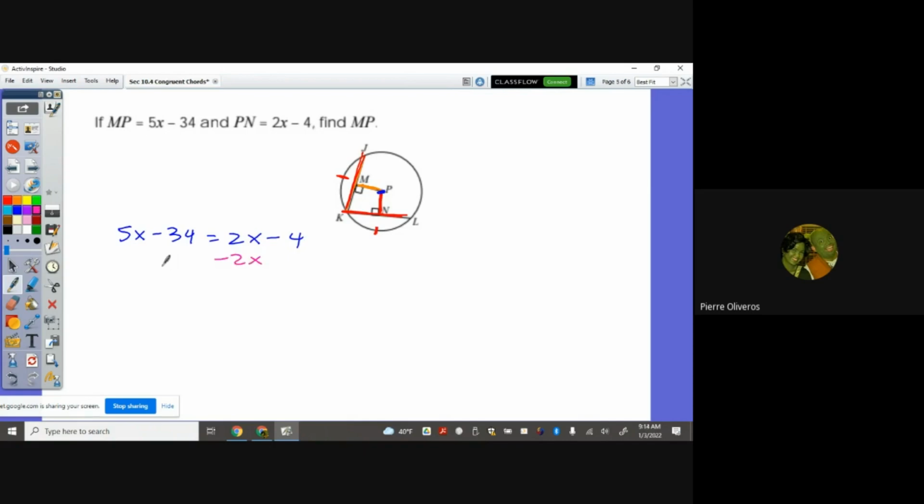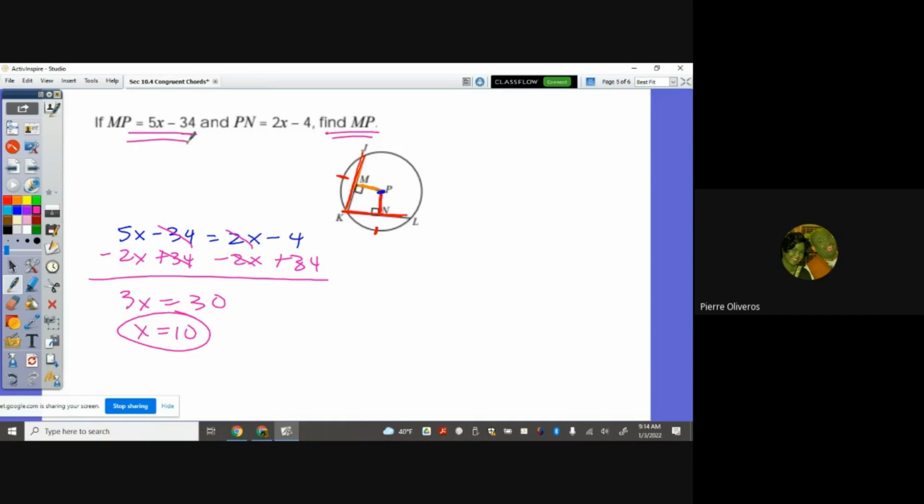Minus 2x here, plus 34 on both sides. That gives us 3x equal to 30, so therefore x equal to 10. Find MP. MP is right here, so we plug in the 10. That gives us 5 times 10 minus 34. 50 minus 34 is 16. MP is equal to 16.